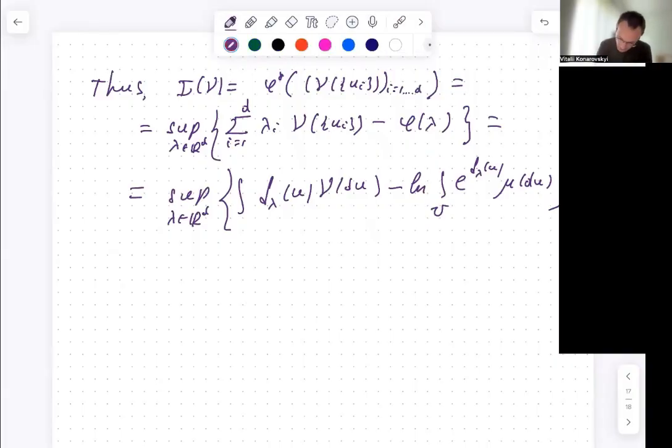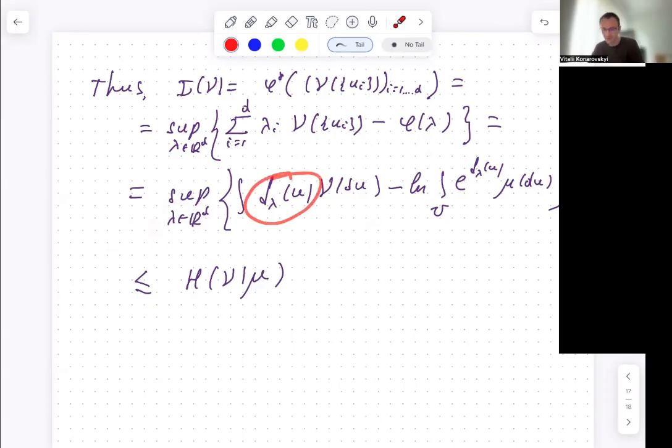Here you have a supremum, so from one side it is less or equal than h of nu comma mu, but you take the supremum over all possible lambdas, or equivalently over all possible functions on U, and therefore you can find some lambda such that this is exactly equal. Then you have the equality, and it finishes the proof of the Sanov theorem.